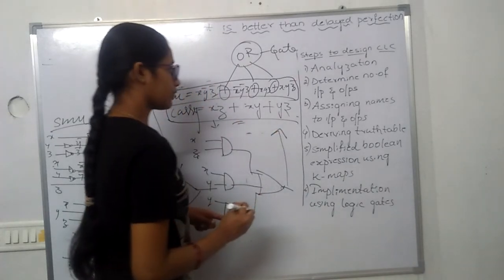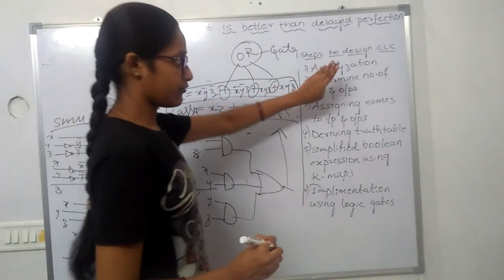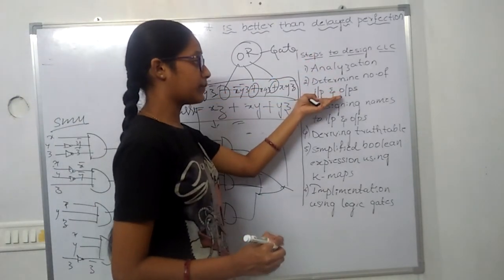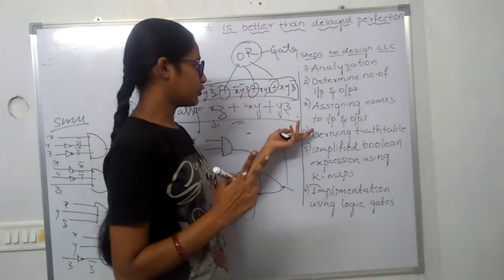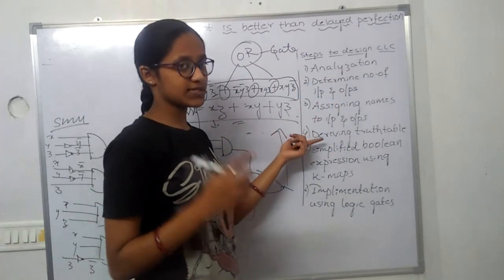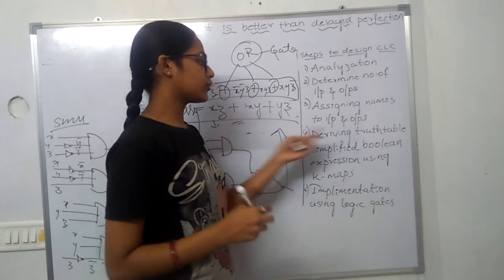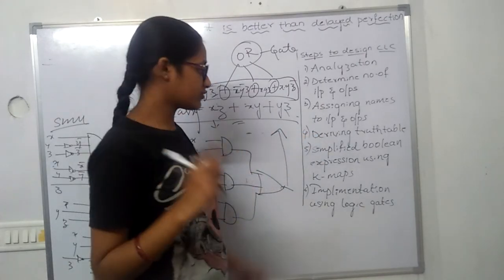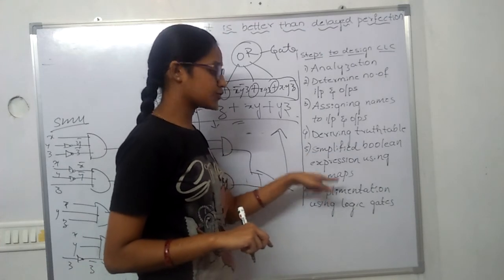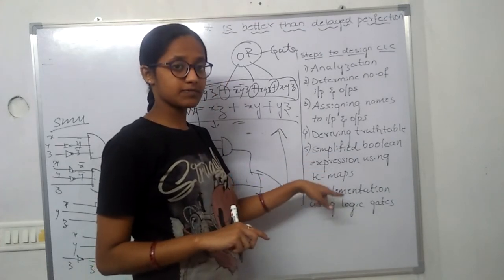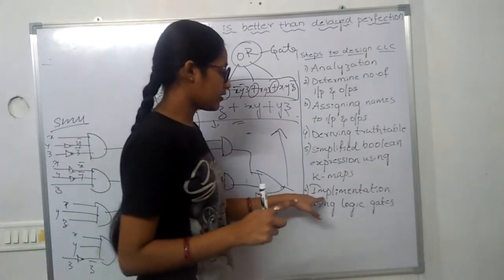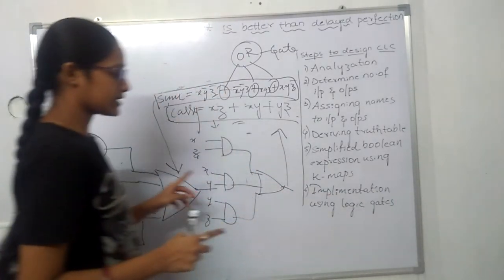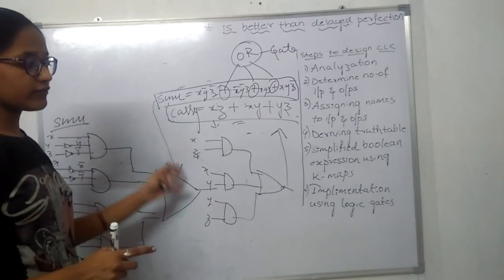So we analyzed that it is a full adder, having 3 inputs and 2 outputs. We assign the names as XYZ and SC. Then we determined the truth table with 8 combinations and simplified the Boolean expression using the K-maps, represented in 8 cells. And then the implementation using the logic gates, which I have done using the basic logic gates.